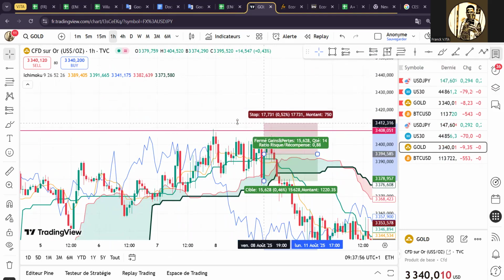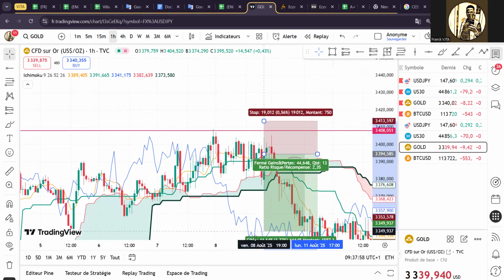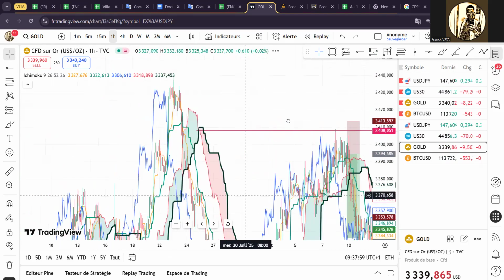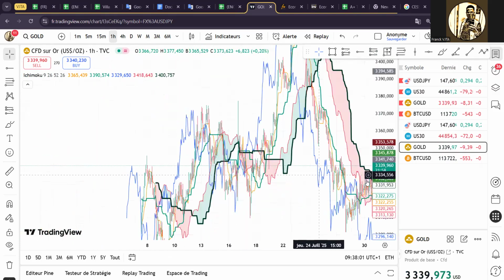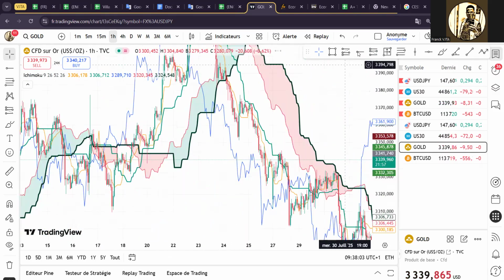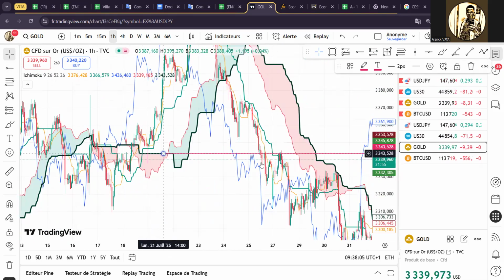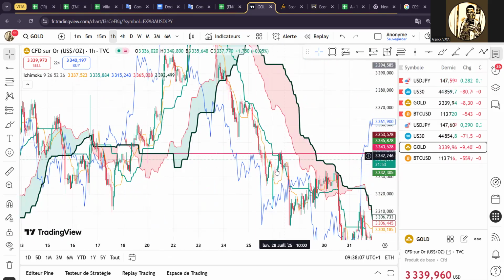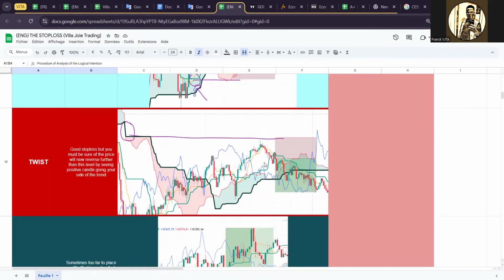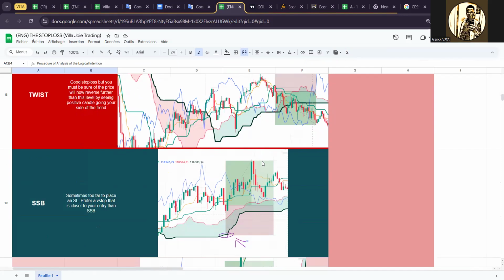You can place just the stop loss above the twist. But it doesn't always play like that. Because for example, at this point, you also have the twist now, but you have no opportunity to buy anywhere near. So the twist is good, but not always. So it's not the best one.